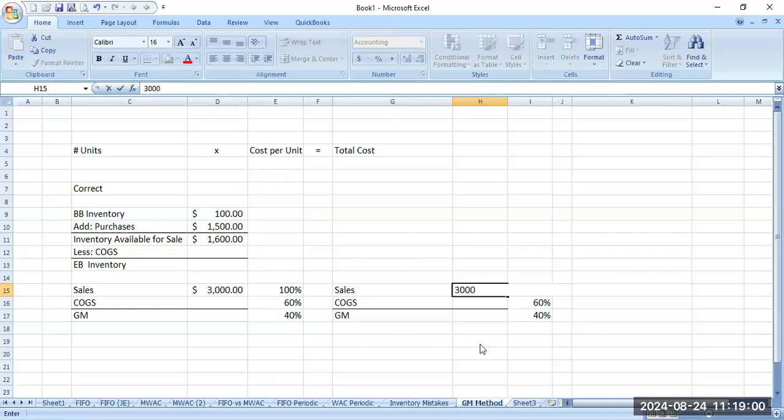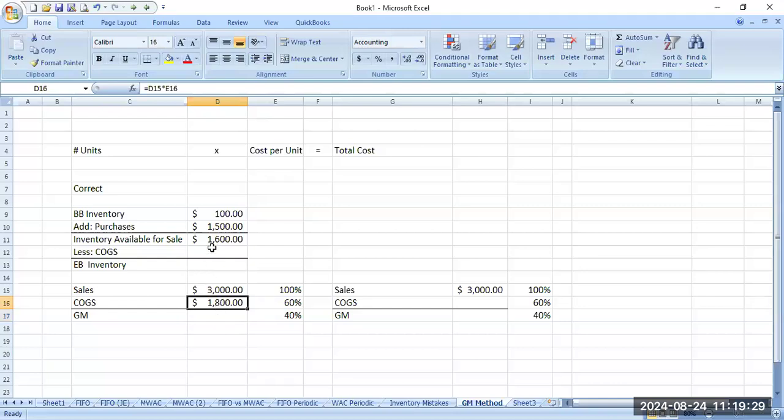So the first option is to get the cost of goods sold directly. How is that going to work? Only 60% of sales are related to cost of goods sold. Get the 60%, calculate. Once you have cost of goods sold, can you calculate the end inventory? Absolutely.